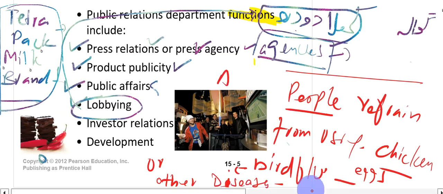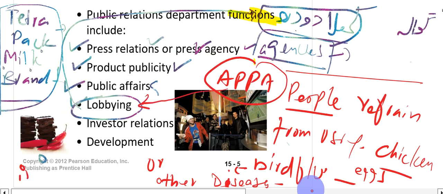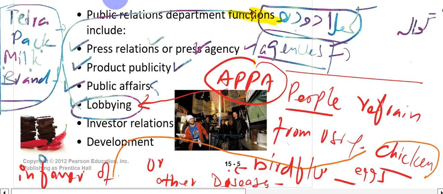So the All Pakistan Poultry Association used public relations for lobbying in favor of chicken and eggs, saying that chicken is good for health.